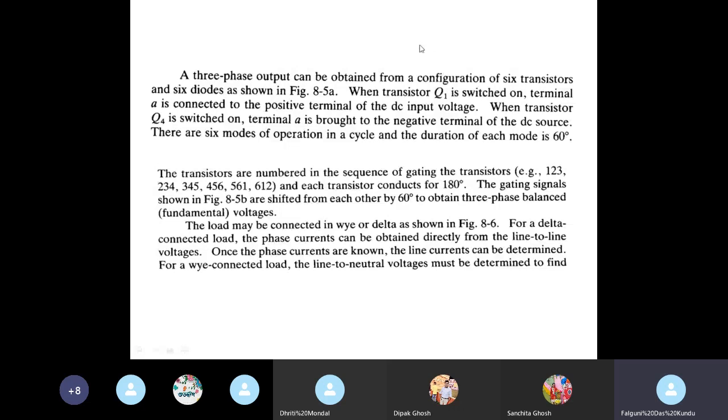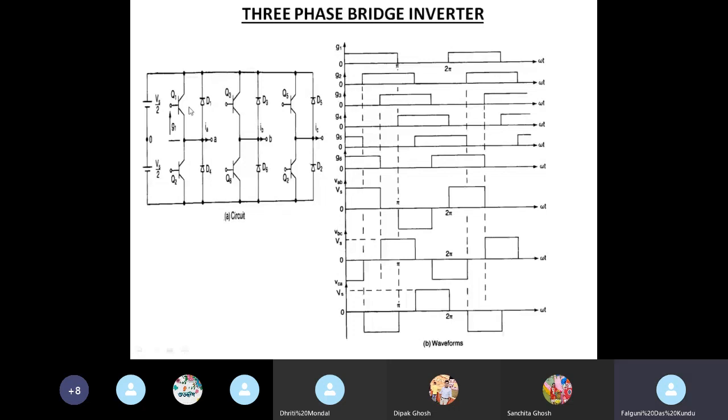It is written here that when Q1 is switched on, terminal A is connected to the positive terminal of DC input voltage. When Q2 is turned on, terminal A is brought to the negative terminal. Q1 is turned on, terminal A positive; Q4 is turned on, then it is negative.